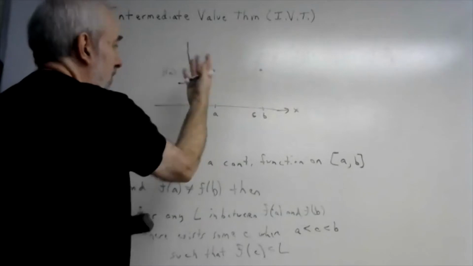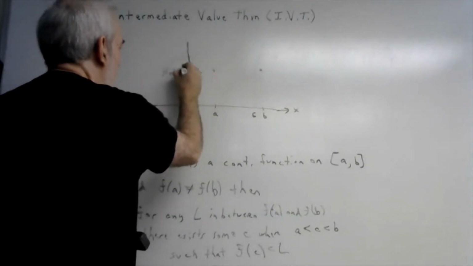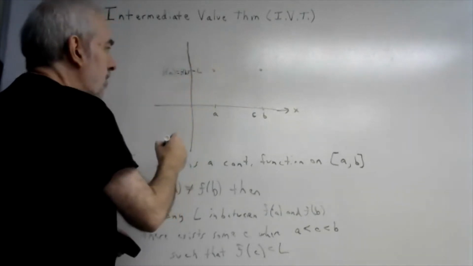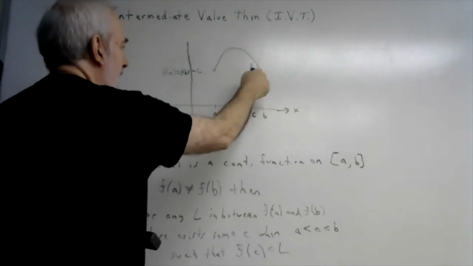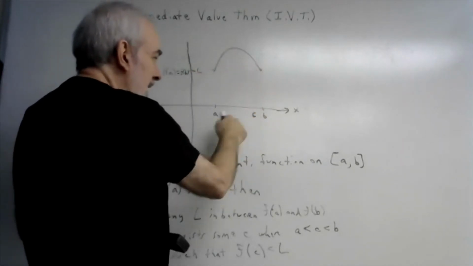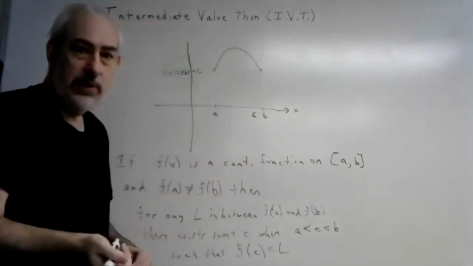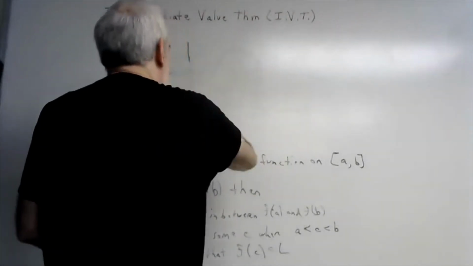If they're equal, L, I guess, would have to also equal f of b and f of a. And then, you see, there might be a graph like that, so that our function is never equal to L somewhere between a and b, only at the two endpoints. Okay, anyway, so that's the intermediate value theorem.